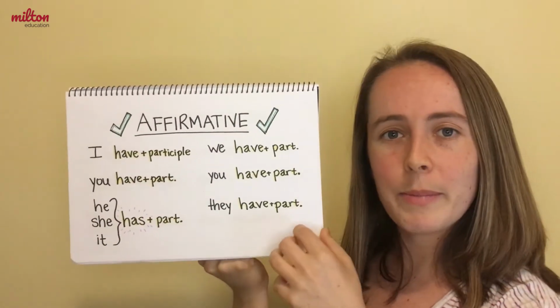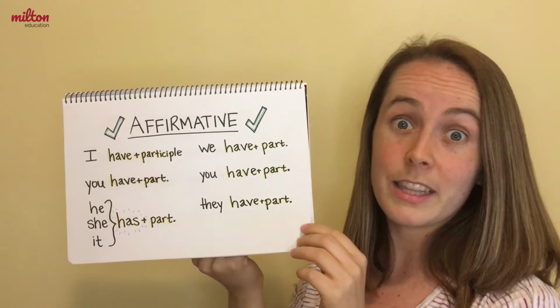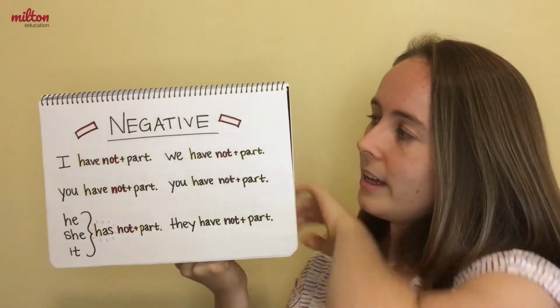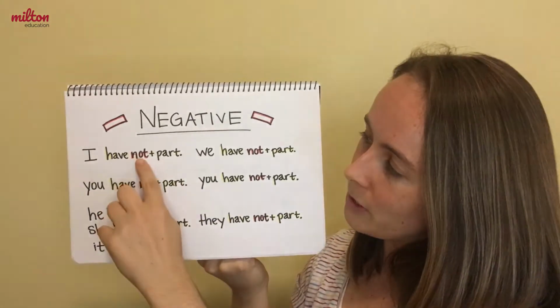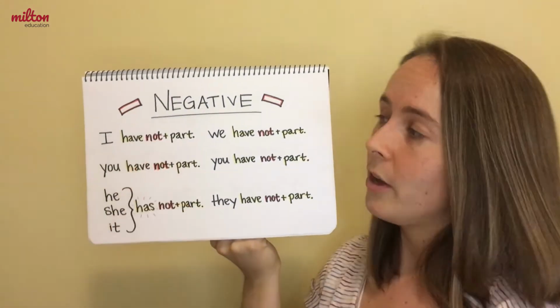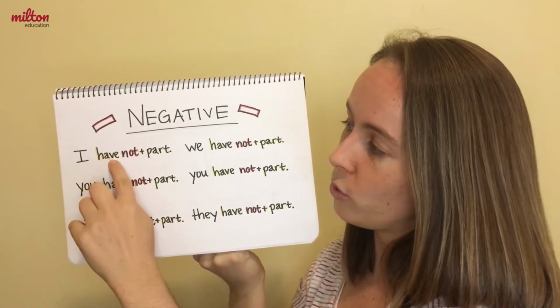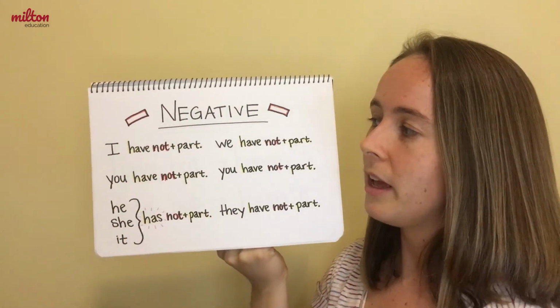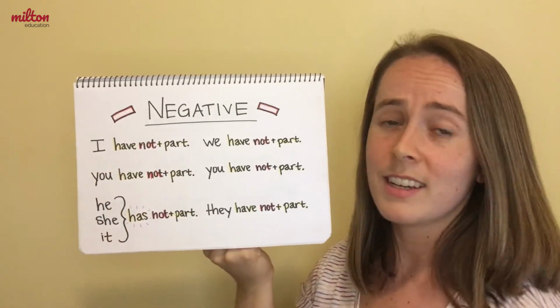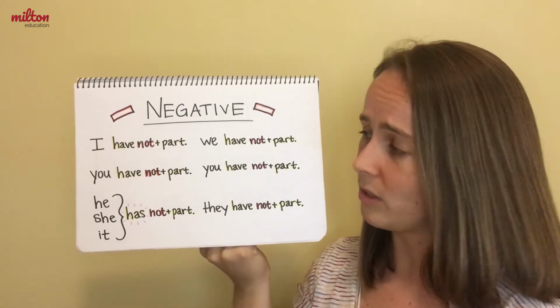Now, let's talk about some negative sentences in the present perfect. In the negative, we have to remember this important word, not. We put it between our helper verb, have, and the participle. Like, I have not slept very well this week.